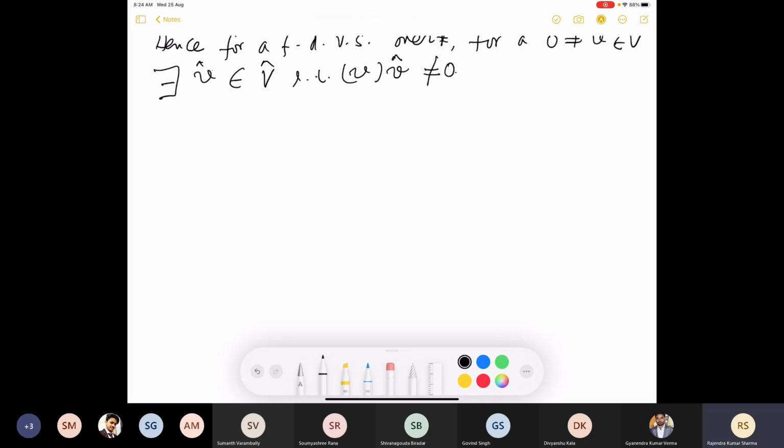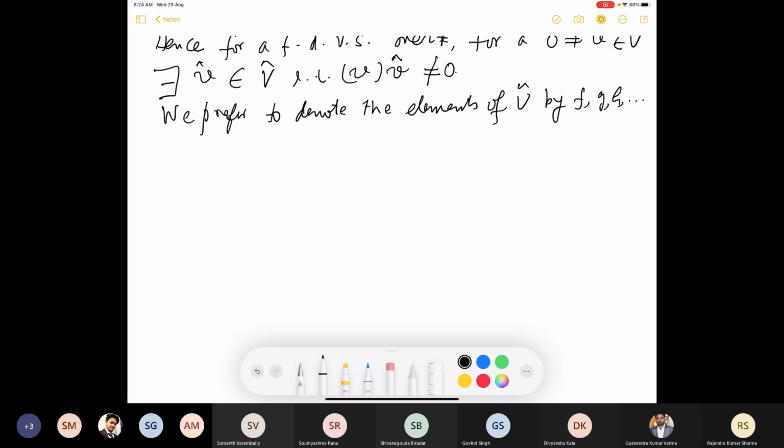Or instead of writing the elements as v hat of v, since they are functionals, they give a scalar value, and therefore it's advisable that we denote them by, say, f, g, h, and so on. So we prefer to denote the elements of v hat by f, g, h, and so on, the way we define the functions.